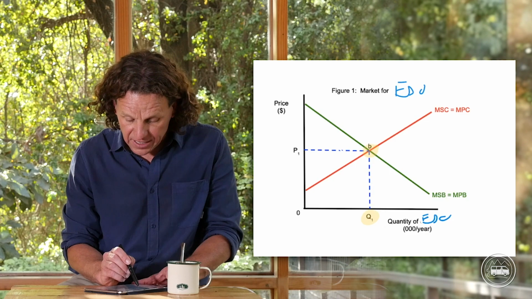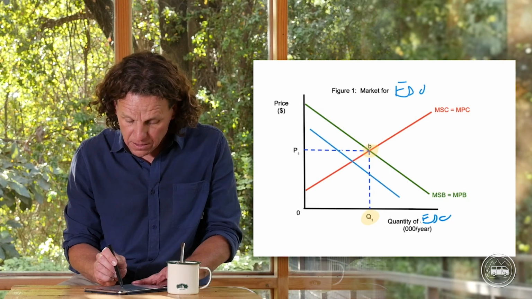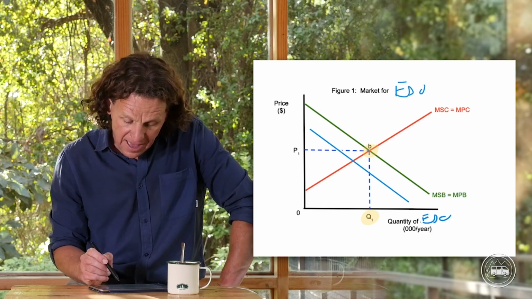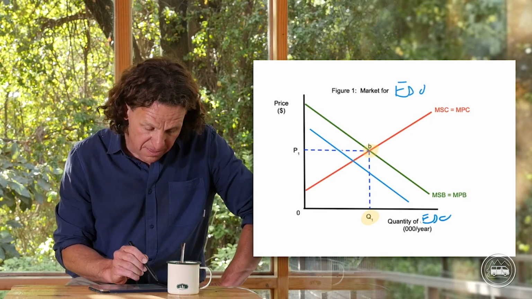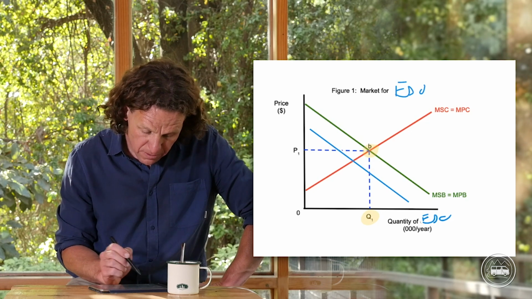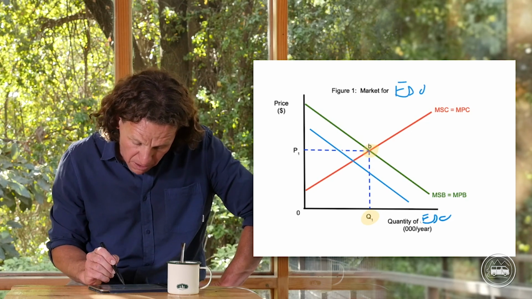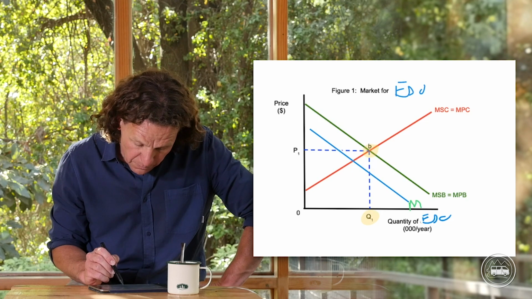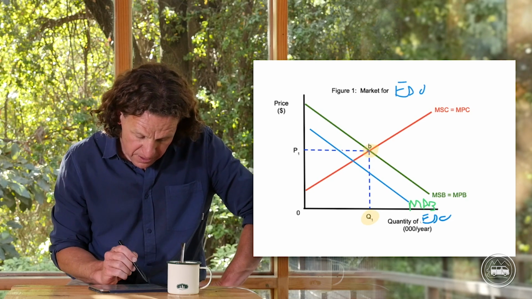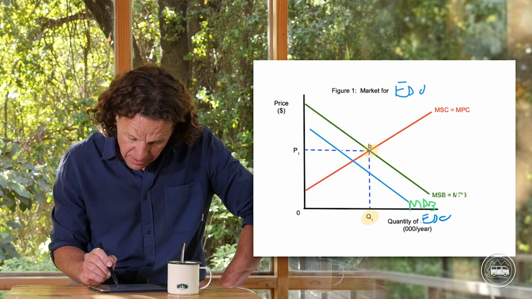So what that looks like is this. There would be a curve that looks like that, and this would be the marginal private benefit curve, okay? And it would no longer exist right there, okay? Why?